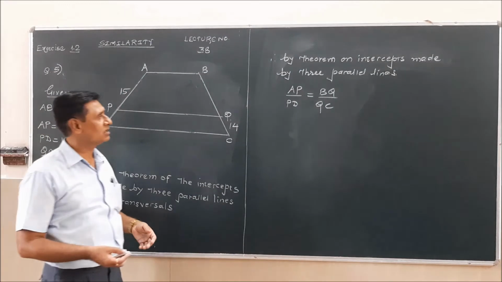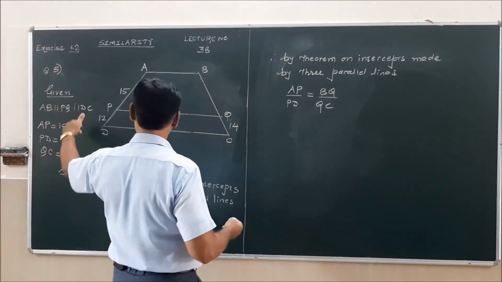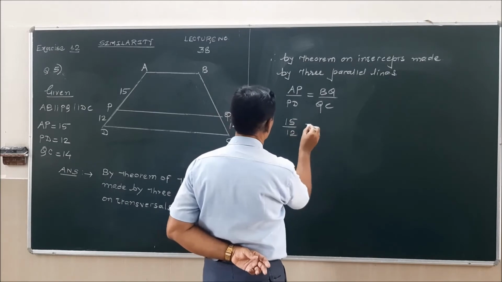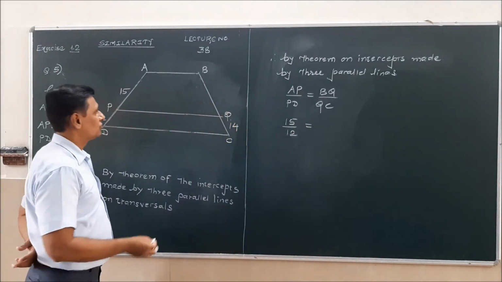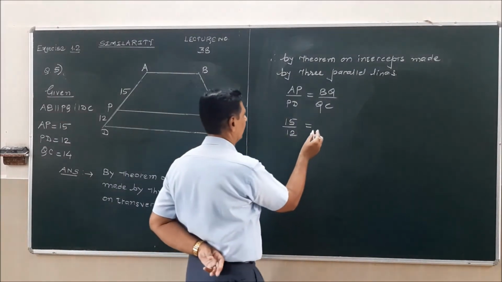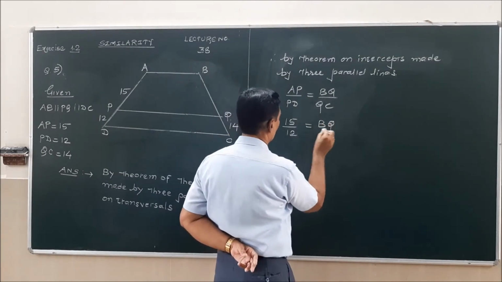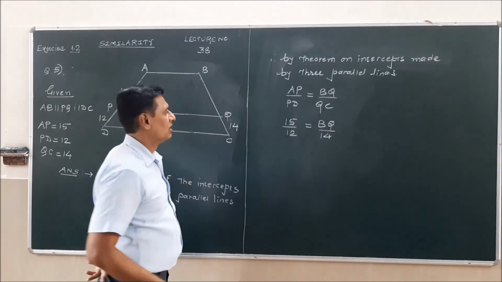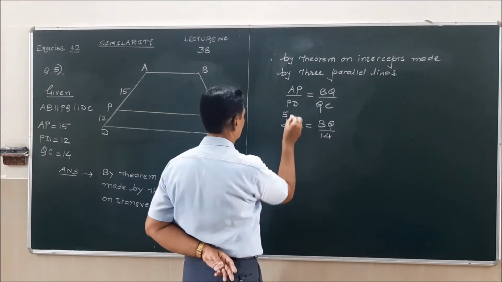Now simply substitute the values. AP 15 upon 12, that is equal to BQ upon QC. BQ I don't know. We have to find out the value of BQ, while that of QC is 14. Right? Then 3 5s are 15, 3 4s are 12.